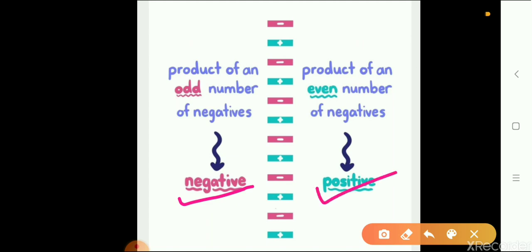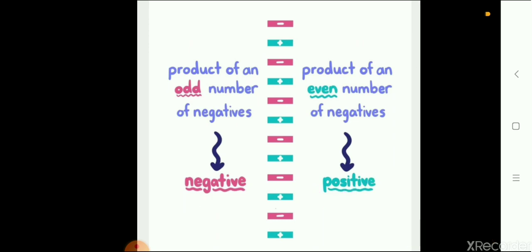Here you should not be confused with even numbers and odd numbers. This even and odd are denoting the number of times the negative integer comes. It is not at all the same as an even or odd number.